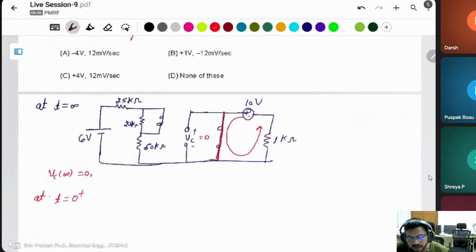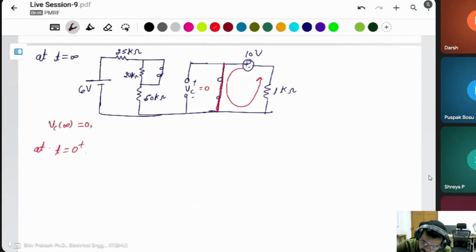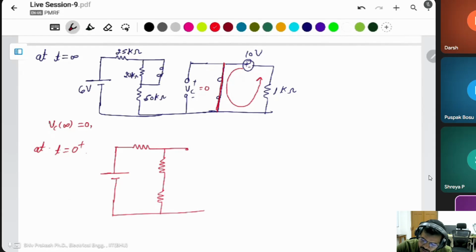At the initial condition, the capacitor has short circuit and the inductor has open circuit. Then we have to draw the circuit like this only. This is the capacitor, short circuit.